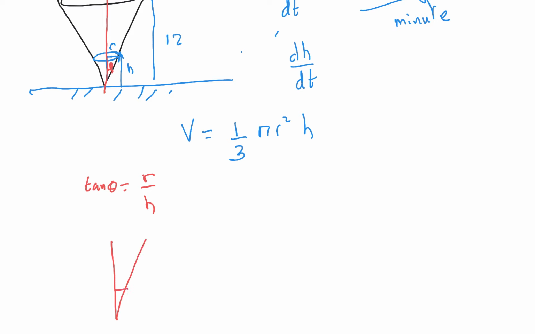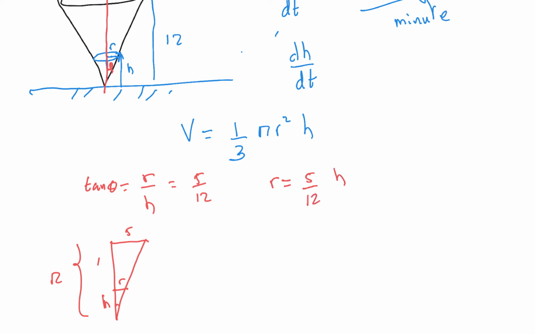This is r and this is h. So the tangent of this angle is r divided by h, but because it's the same angle, it's also 5 divided by 12. This allows me to find r as a function of h. So what is the radius when there is some h? The radius is 5 divided by 12 multiplied by h.